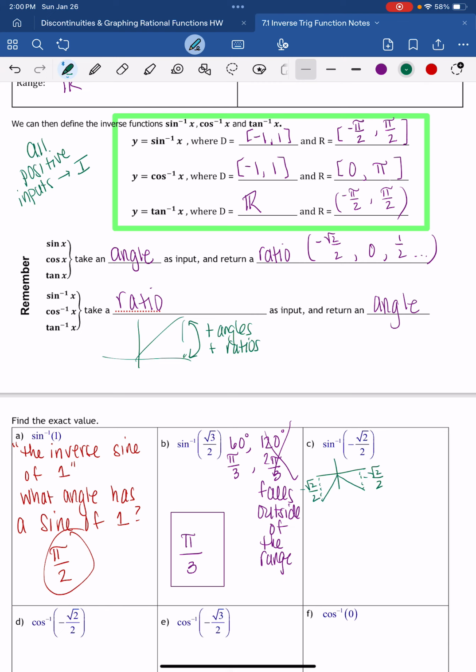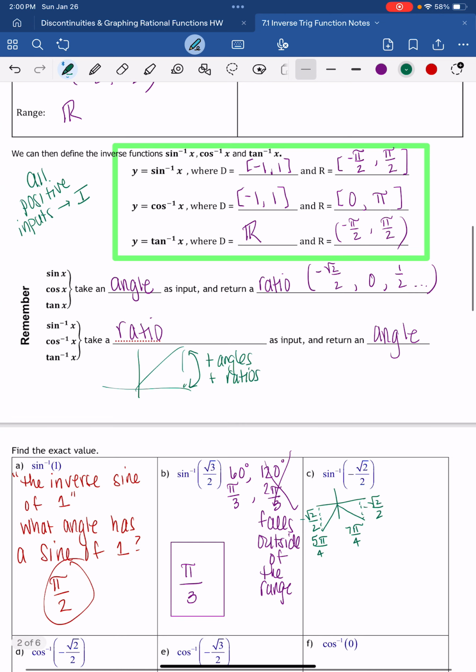If you look at your unit circle, the angles that have a sine of negative root 2 over 2 are, let's see, 5 pi over 4 and 7 pi over 4, I believe. Neither one of those falls in my range. My range for sine is from negative pi over 2 to positive pi over 2.